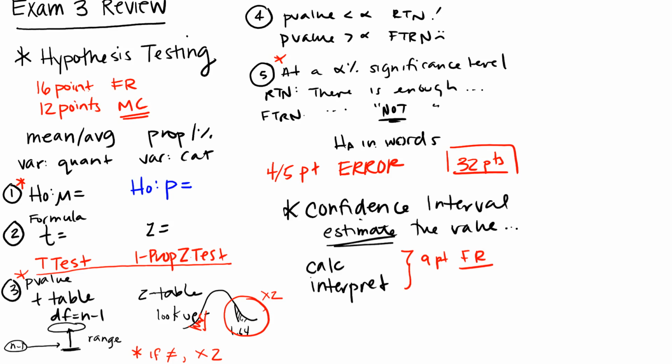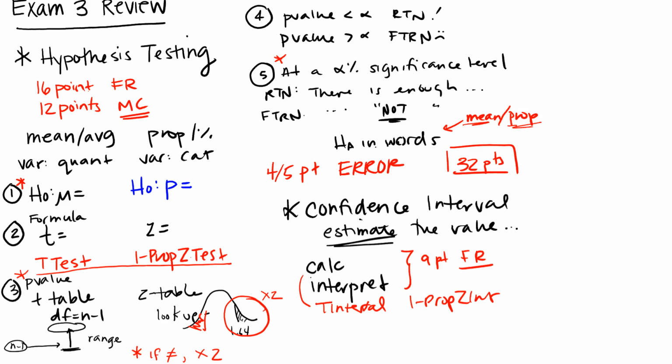The calculate is on the formula sheet, or if you have a calculator, you're either doing t interval or 1 prop z interval, or the formulas, and then interpreting, we are 90% confident. One thing I want to add about number 5, you do want to make sure, if you're not using the words of somebody's claim, that you have the word mean or proportion or average or percent in your conclusion.